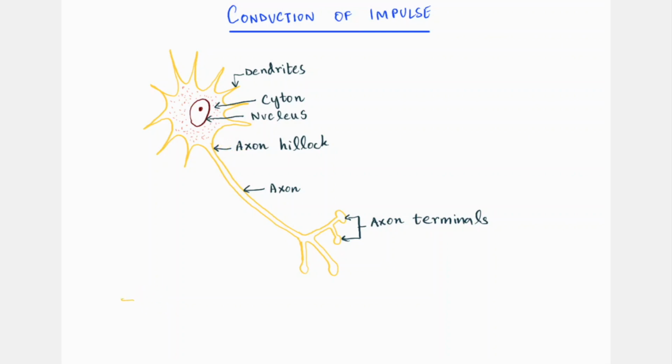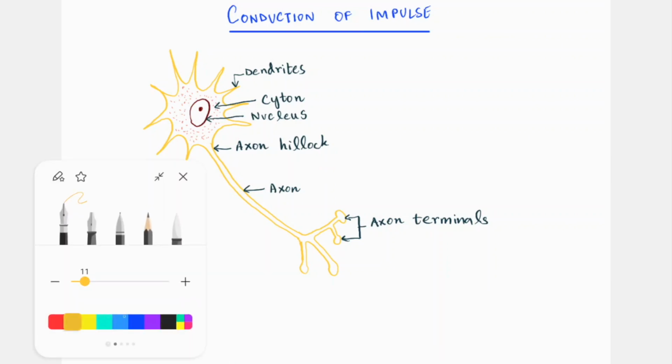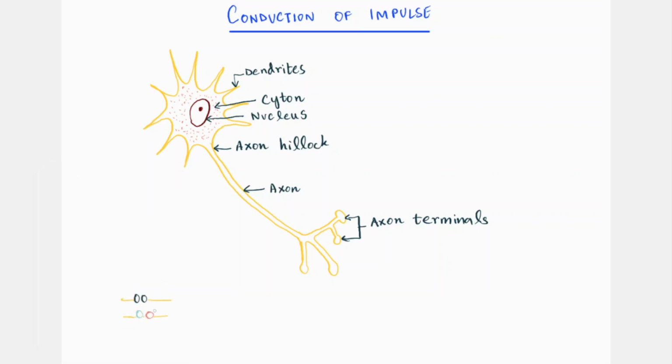So the axon hillock has the maximum number of Na+ and K+ voltage gated channels.